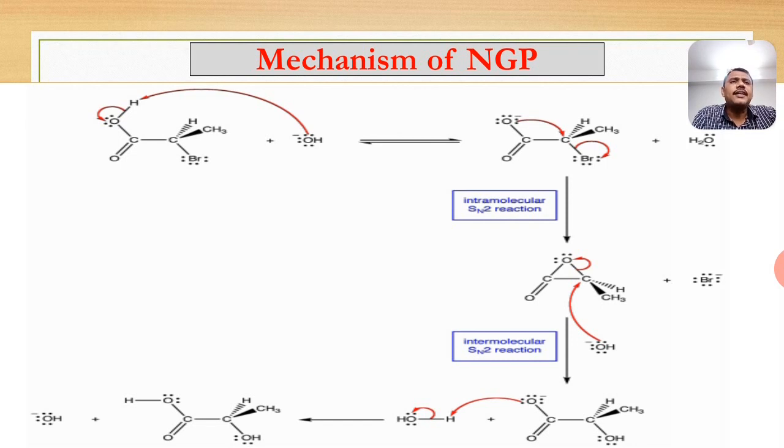There are some characteristics of neighboring group participation regarding the mechanism. The migrating group acts as an internal nucleophile. The neighboring group effect has a marked influence on the kinetics of the reaction. The neighboring group also helps to push out the leaving group, and this is also called anchimeric assistance.